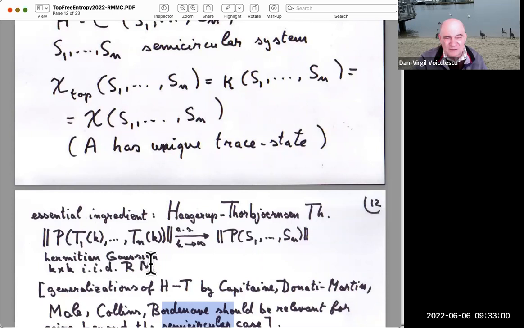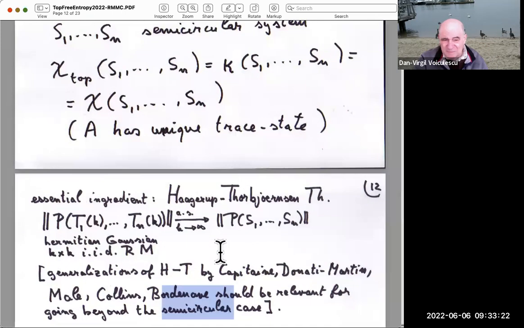It is a vast generalization of the random matrix results about almost sure convergence of the largest eigenvalue of a Gaussian random matrix. If you put in polynomials and norms, it's a vast generalization of this.